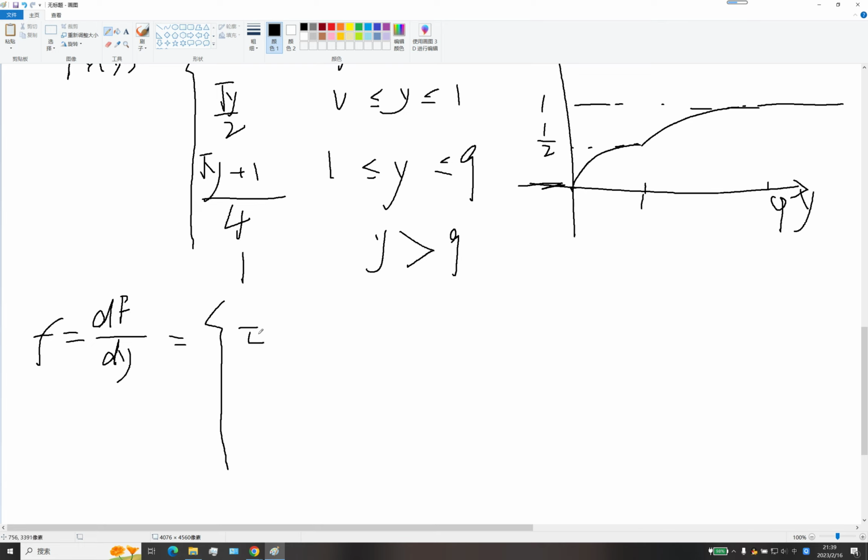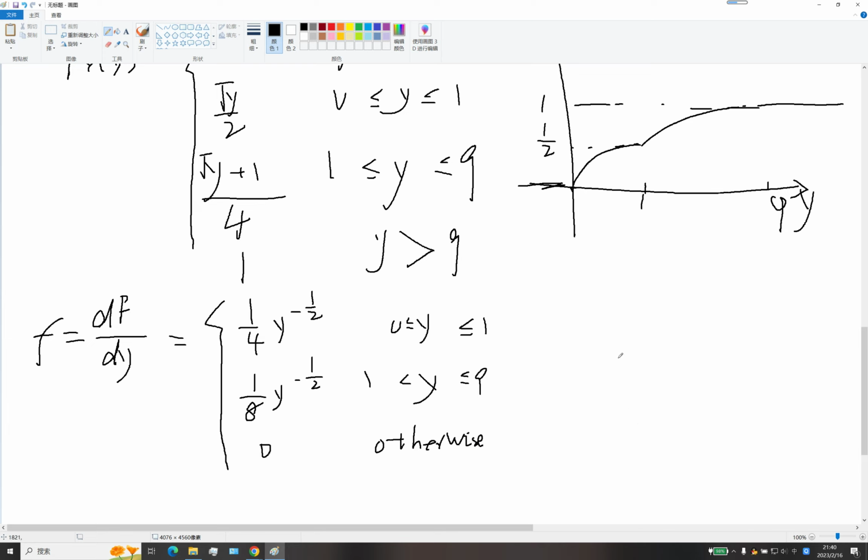So this is, and when y is between 1 and 9, it is like this, and it is always 0 otherwise.